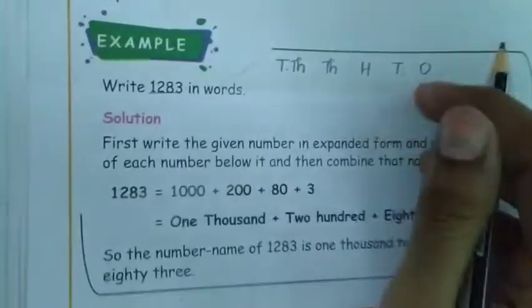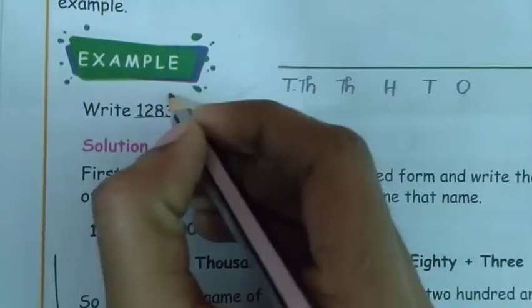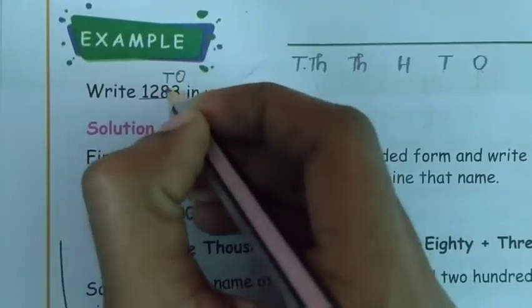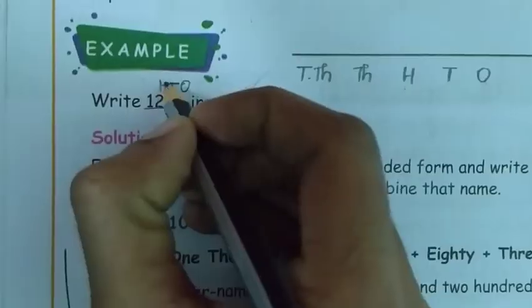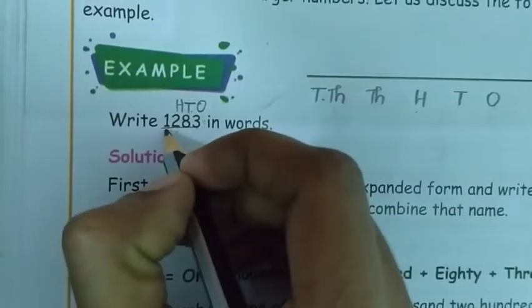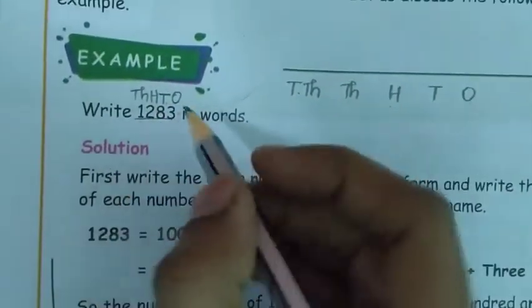Now we apply this in the same way. From the last digit we consider ones. The previous number is tens, that means 8 is tens. 2 is 100. Before the 100, 1000, so 1 is considered as 1000. Now you read the numbers.